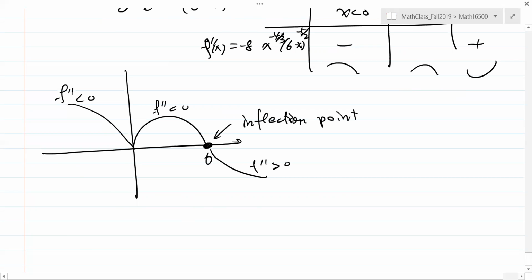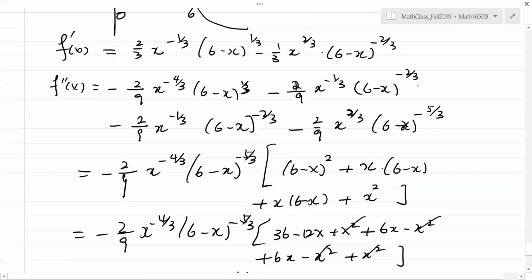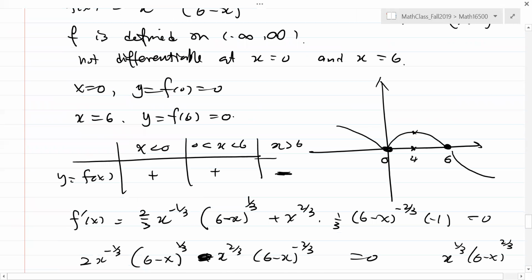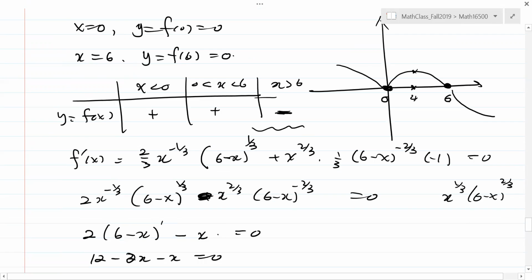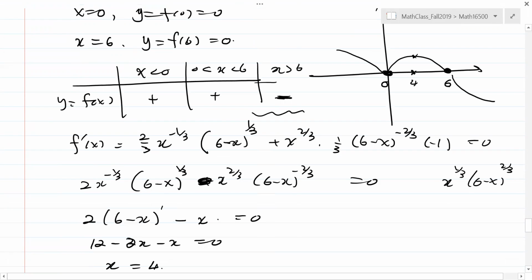Even then, I'm making mistakes. I did not pay attention to the sign. So this should be negative, so the graph is below the axis. Nobody pointed it out when I drew the graph. So we get a perfect graph, right? There's only one inflection point.